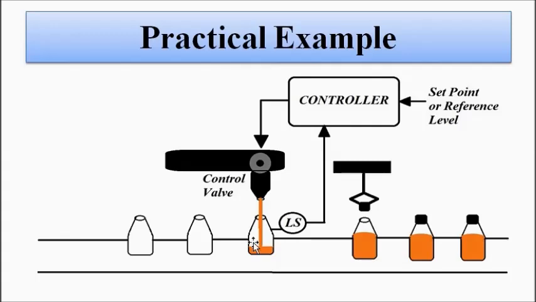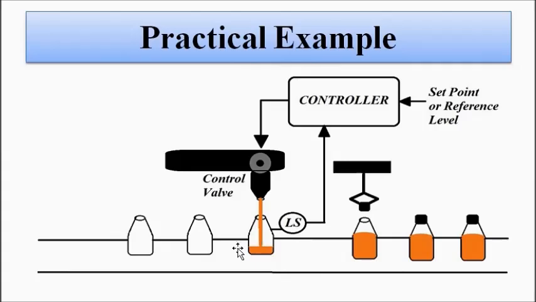So we'll take the example of the packaging of any beverage or juice in the food processing industry. Suppose we have a mechanism where the bottles are filled with, let's say, orange juice.